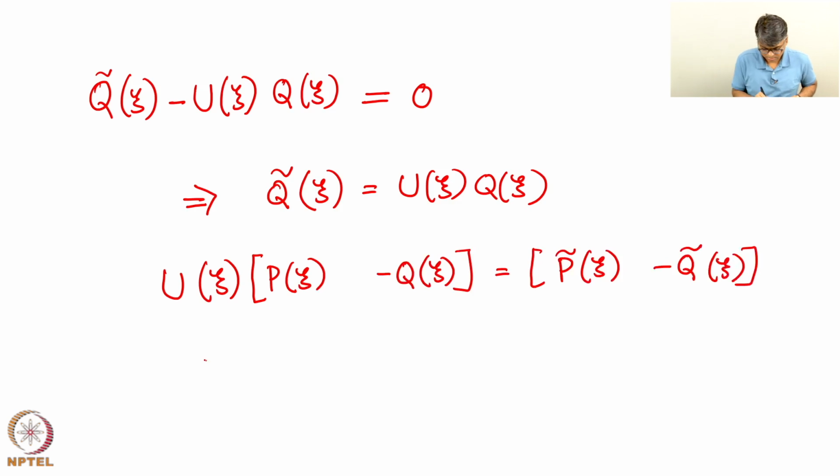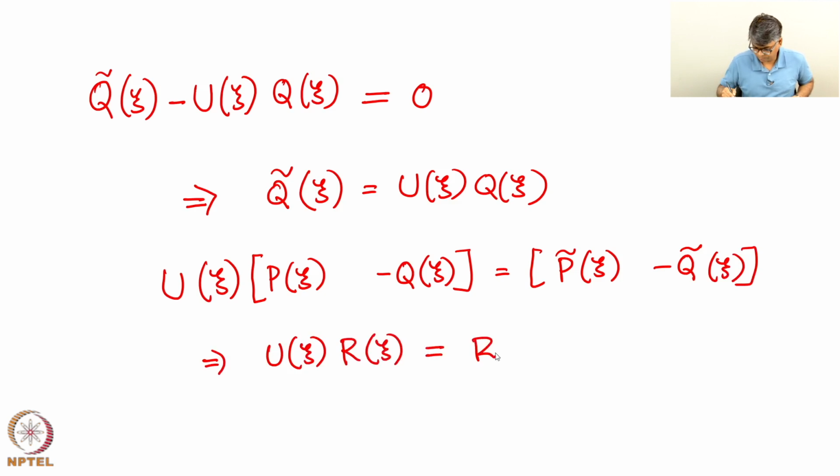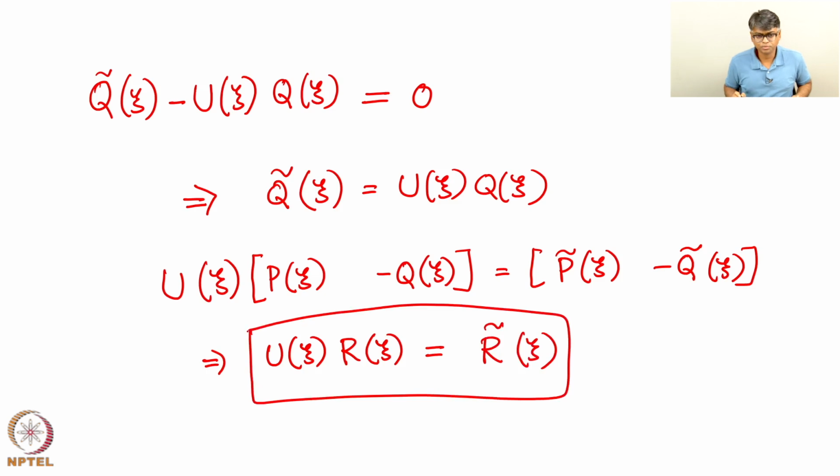Great. That is, u xi times r xi is equal to r tilde xi. That is what we wanted to prove. The submodules are equal. The row spans of r tilde and r are equal even for non-autonomous systems, provided we are dealing with C infinity trajectories.